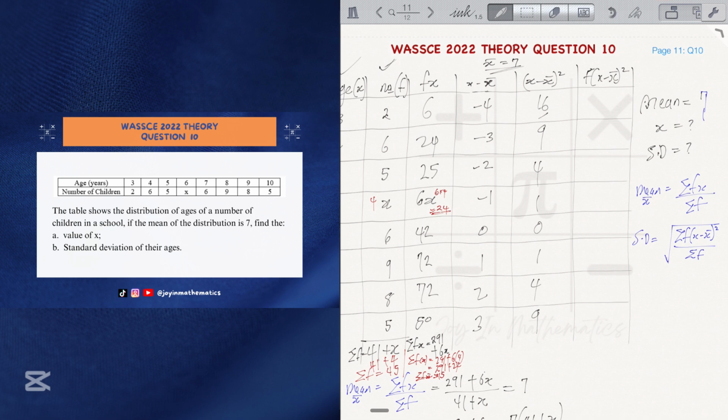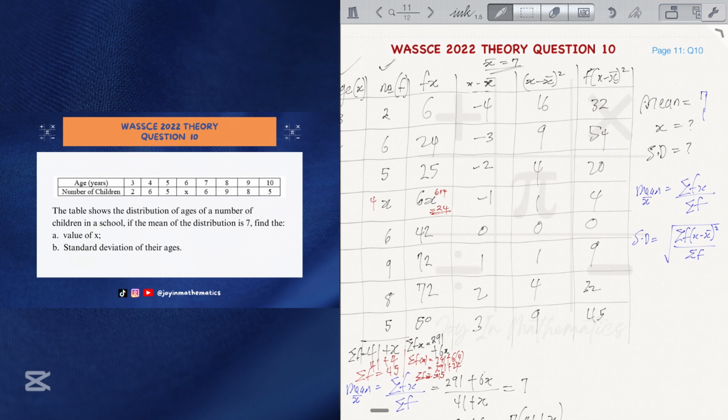So 2 multiplied by 16, we will have 32. 6 multiplied by 9, we will have 54. 5 multiplied by 4, we have 20. 4 multiplied by 1, we have 4. 6 multiplied by 0, 0. 9 by 1, 9. 8 by 4, 32. And 5 by 9 is 45.